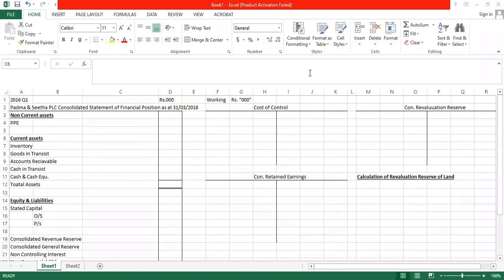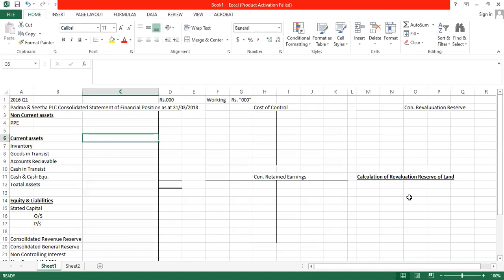It was revealed that the fair value of net assets of Sita PLC was rupees 14 million at the date of acquisition. The difference between fair value and the book value of the assets is revaluation profit or loss related to the land of Sita PLC.